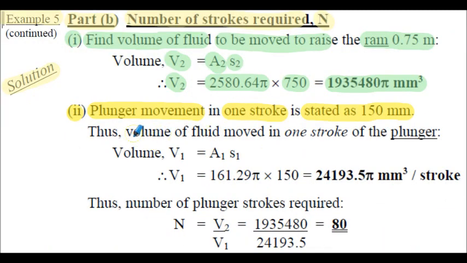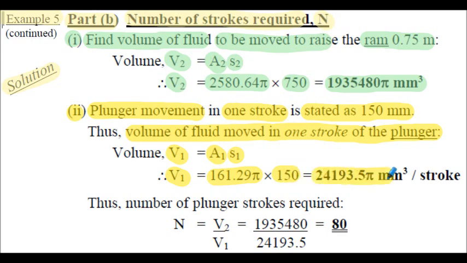So to calculate the volume of fluid moved in one stroke of the plunger, call that V1 here, that will be A1 multiplied by S1, area at the inlet multiplied by the movement of the inlet in one stroke. So V1 can be calculated from the A1 on the previous slide multiplied by 150 millimeters. That gives us the volume of fluid moved per stroke.